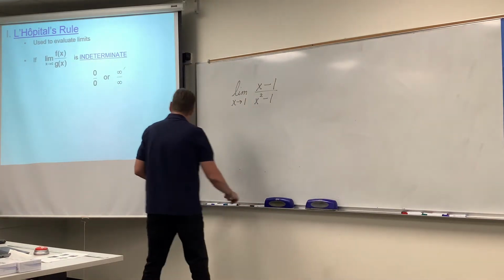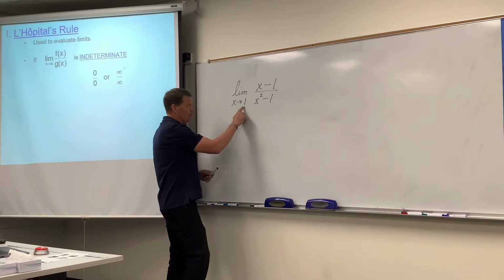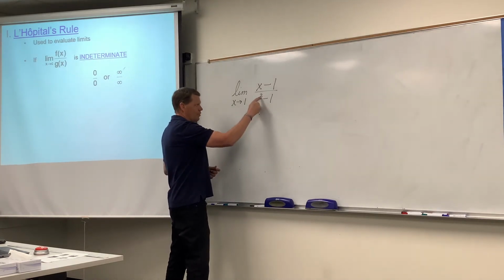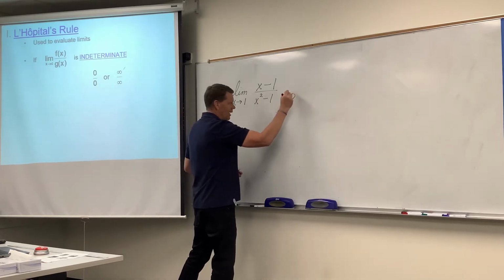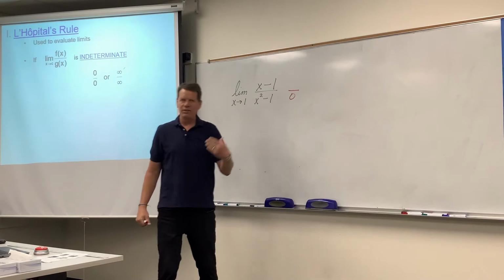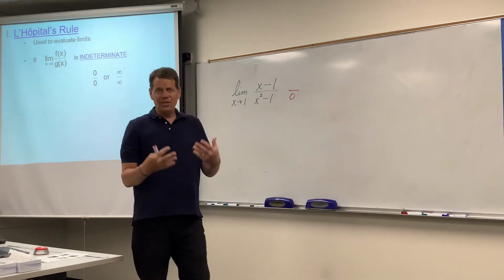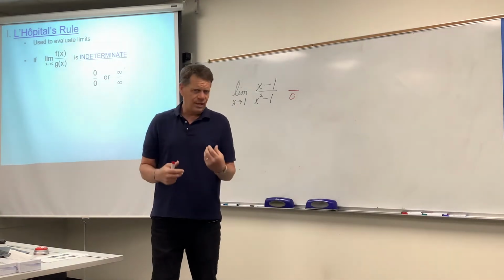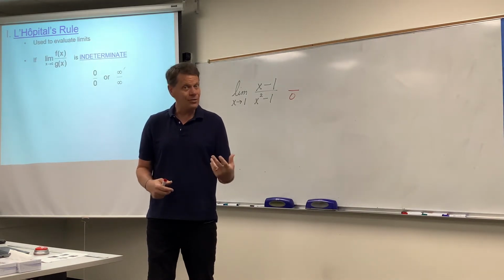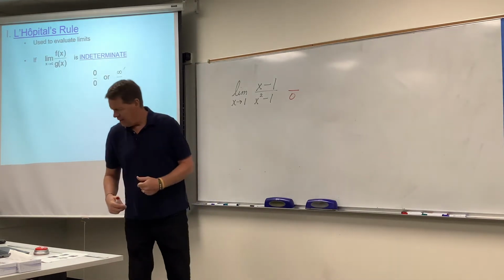So, what we would do is we would substitute the 1 in for x. Obviously, 1 squared minus 1 would be 0 down here. Now, in the past, we used to say, if substitution leads to division by 0, then we have to use a technique to do this. And in fact, we did this one earlier where we factored it and canceled. And it worked back in the day.